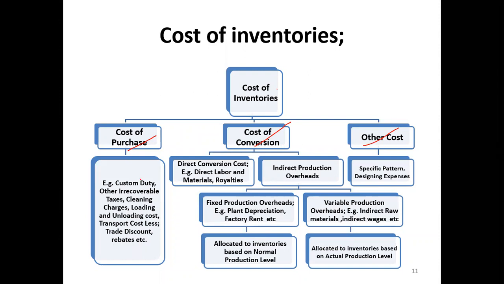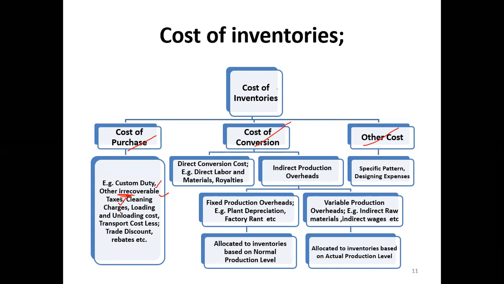Cost of purchase includes the purchase price plus custom duty if imported from a foreign country, other irrecoverable taxes, right? Some taxes can be recoverable, some irrecoverable. For example, VAT can be recoverable, VAT input, VAT output.